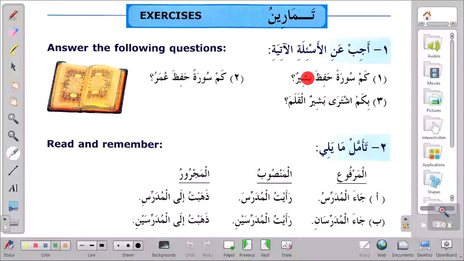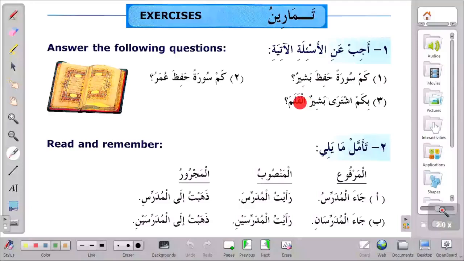So you can say, hafaza Bashirun suratan wahidatan. The second one, kam suratan hafiza Umaru? How many surahs did Umar memorize? He memorized 2 surahs, right? So you can say hafiza surataini. Bikam ishtara Bashirun al-qalama?